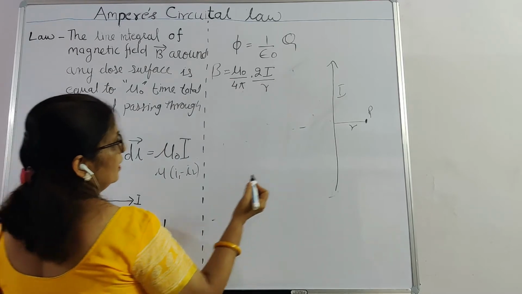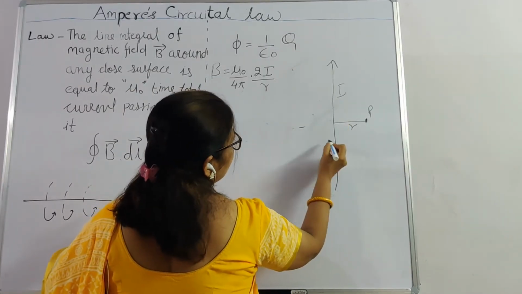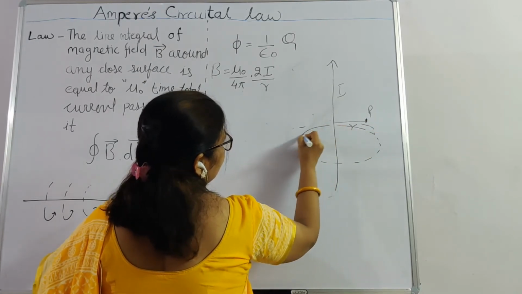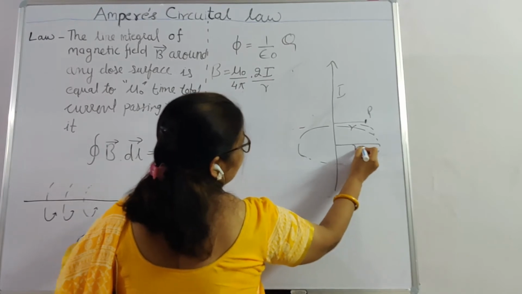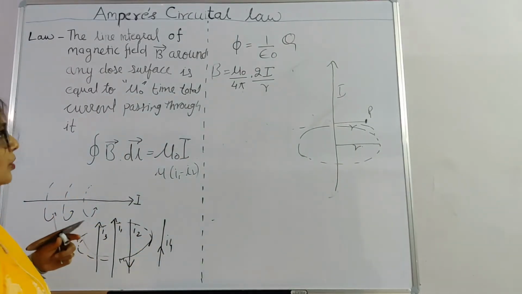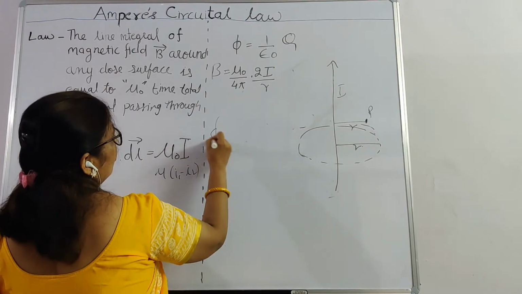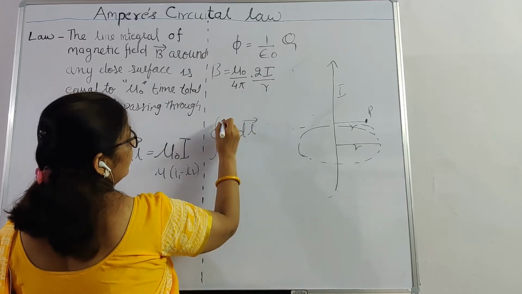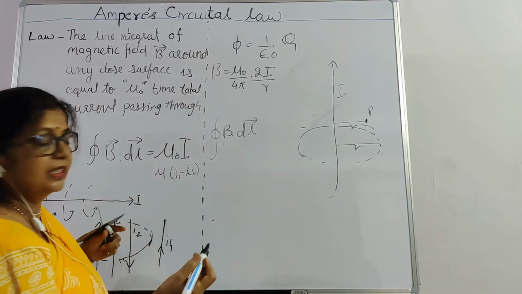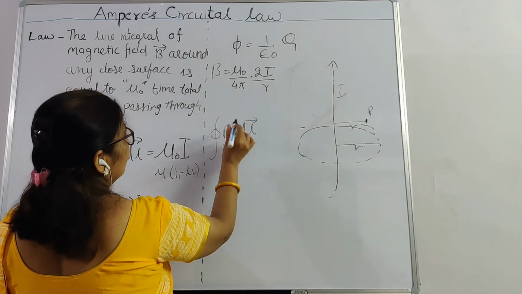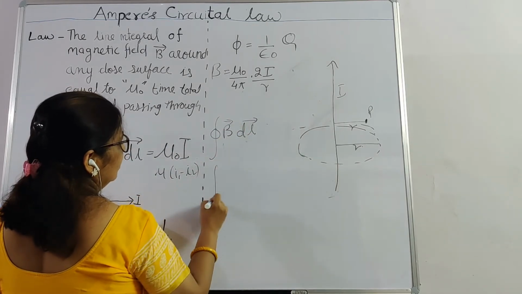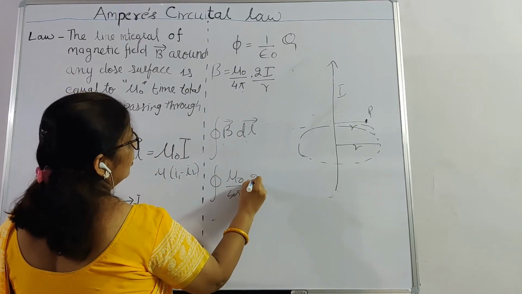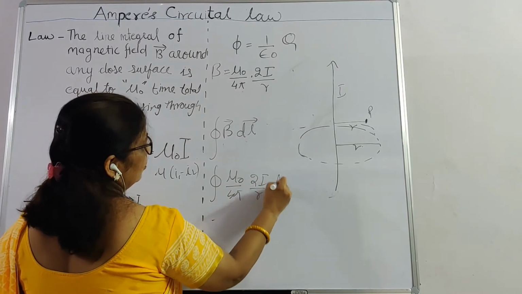Now what we are taking here, the closed loop is like this, which is again situated at r distance. So the line integral of B dot dl, we already took cos theta as 0, so B dl, you write down the value of B, that is mu naught by 4 pi times 2I by r into dl.